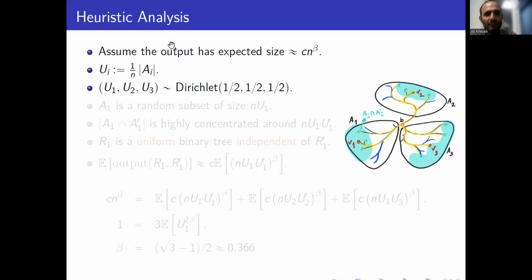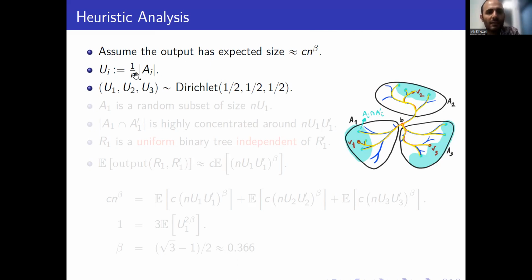So the heuristic is not precise because Aldous assumes that the size of the output is exactly of order C times n to the beta. So if we assume that this convergence holds, then Aldous computes the value of beta as follows.